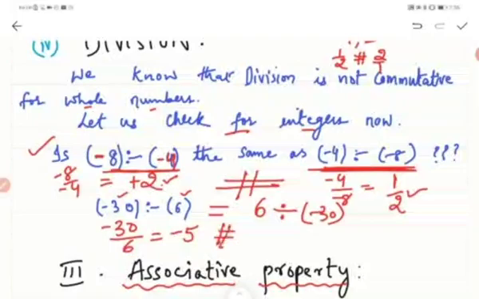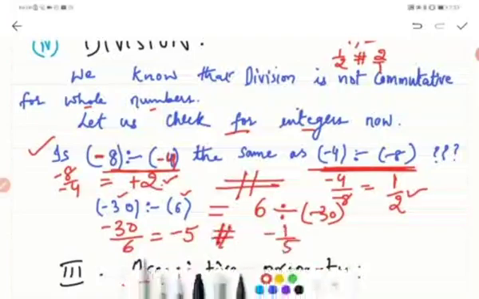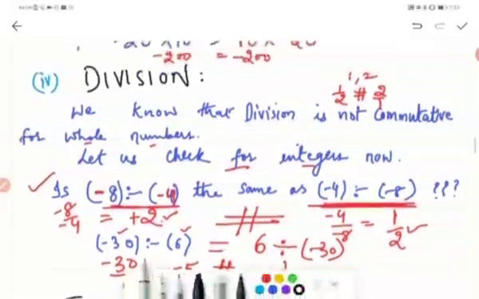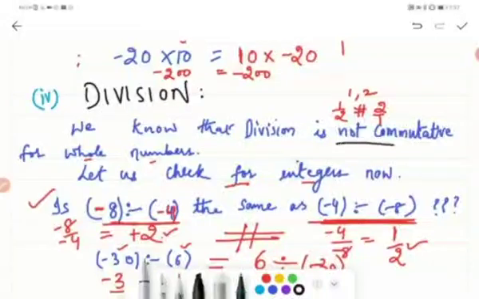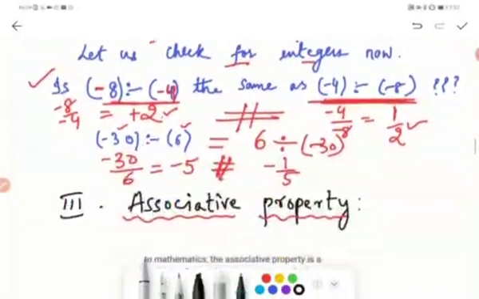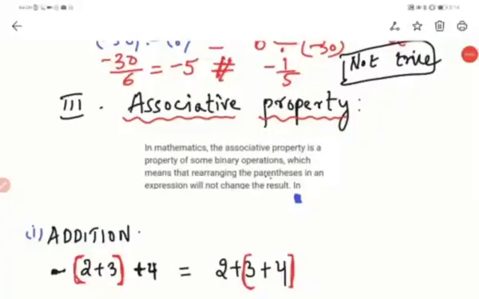This will be minus 1 by 5. So it is not equal. Therefore, what do you infer? We say that the commutative property under division is not true, same as that of your whole numbers.